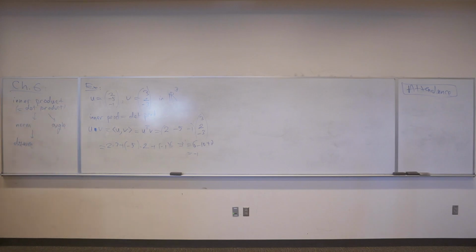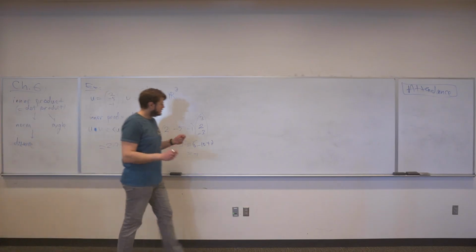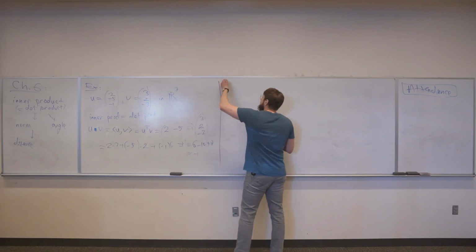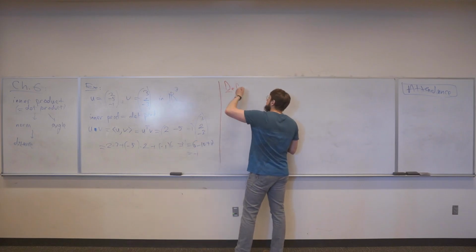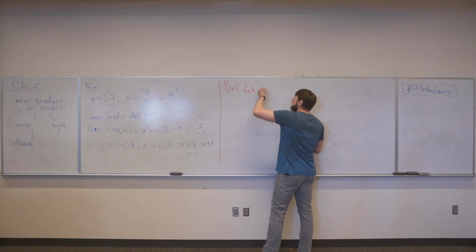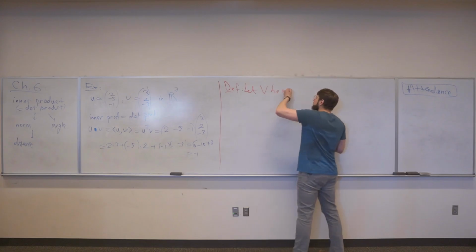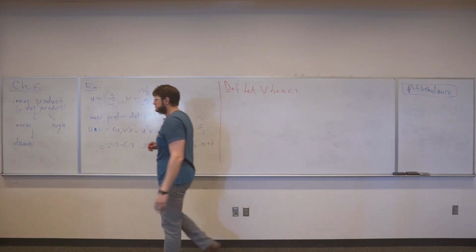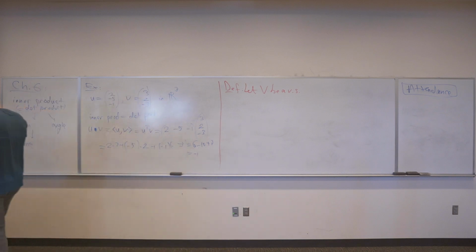So I think it would be a good idea to give the axiomatic definition. Okay, it's not a very sophisticated definition. Take a vector space. It doesn't need to be finite dimensional, but of course in our case it's mostly going to be finite dimensional.